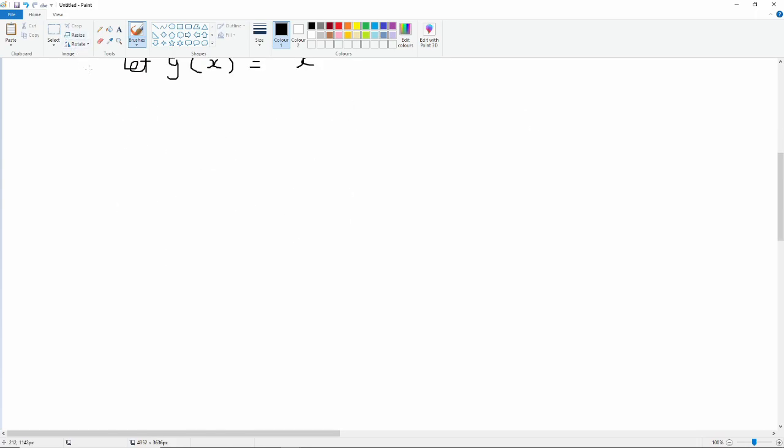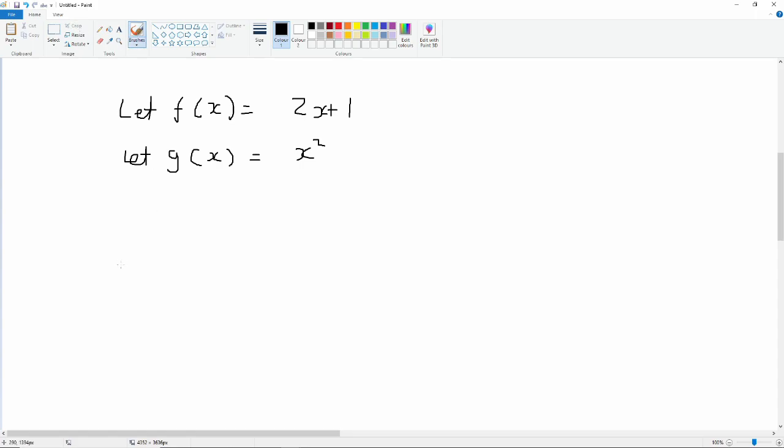Okay, so what is f of g of x? We're now passing g of x, which is a function, into a function.